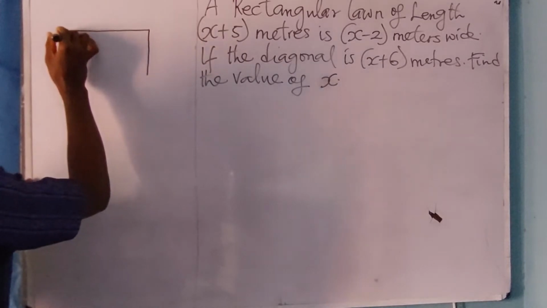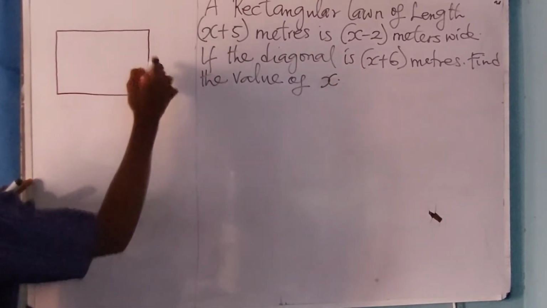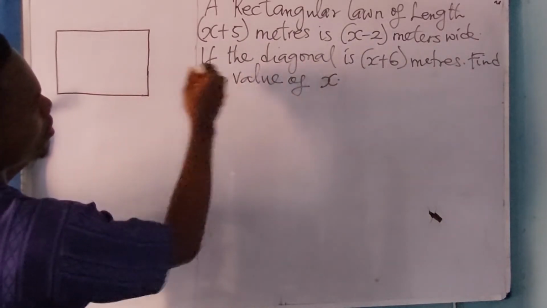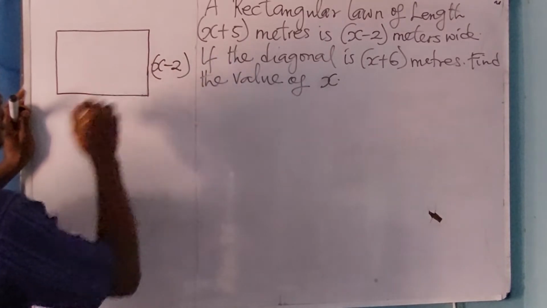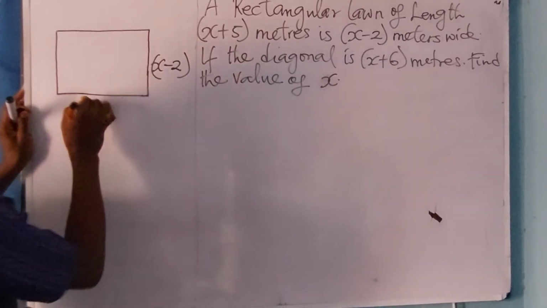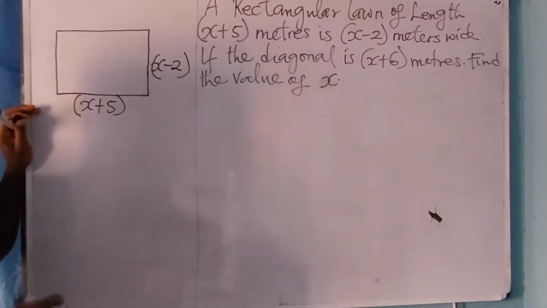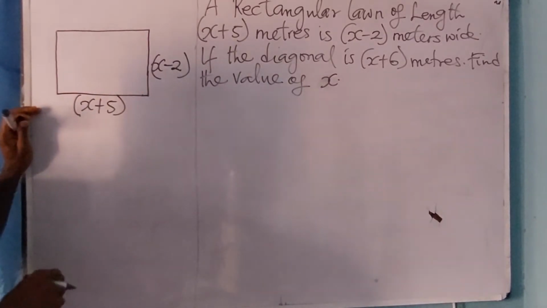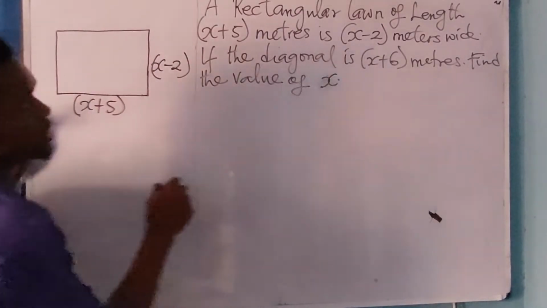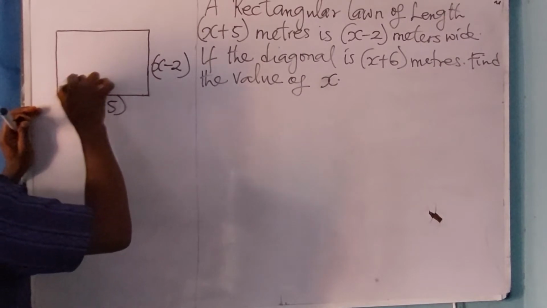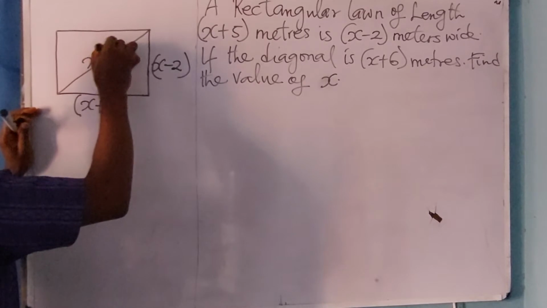Here is the breadth, which is x minus 2, then the length, which is x plus 5, and the diagonal is x plus 6.